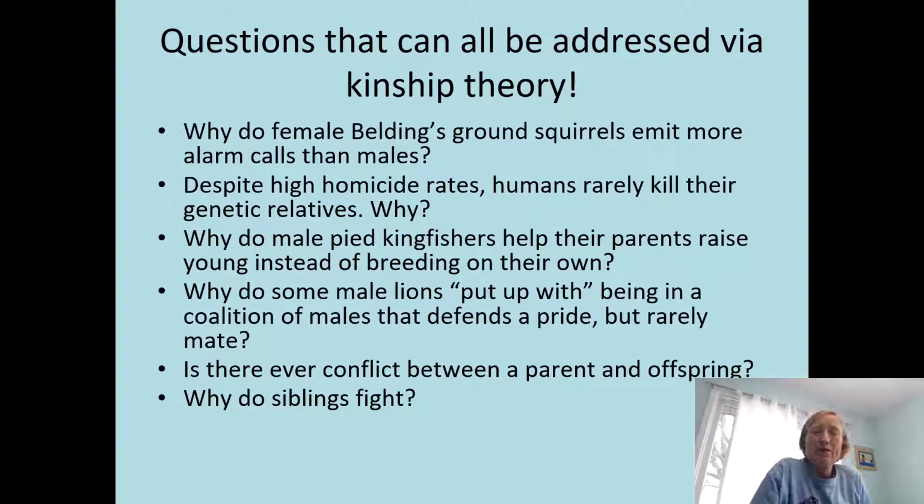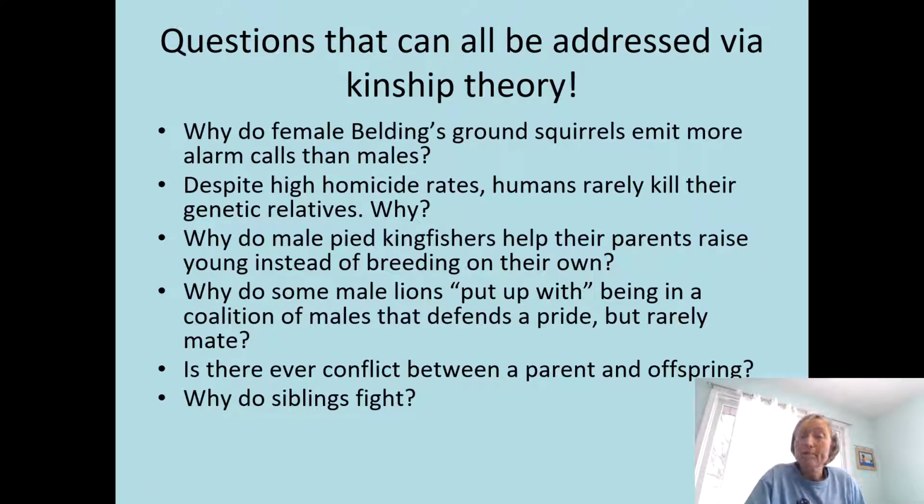There are a lot of questions that can be addressed by kinship theory, and that's always a mark of a good theory. If you can use it to predict and answer questions that you have, then it's probably a good theory. So look at all these different examples. We could add in there, why do reproductively mature scrub jays forego their own reproduction to help at their parents' nest?